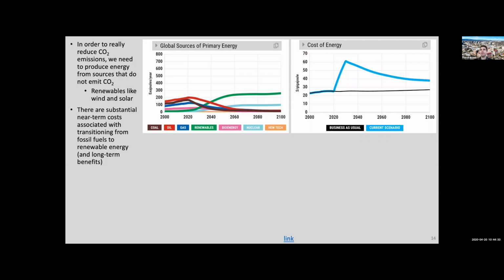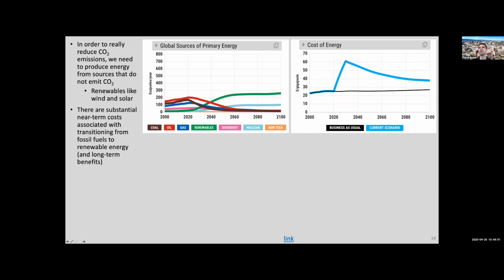But there are major costs to this. So here's our graph of the dollars per gigajoule, so the amount of money per unit of energy. And so we've gone from something like 25 to over 60.